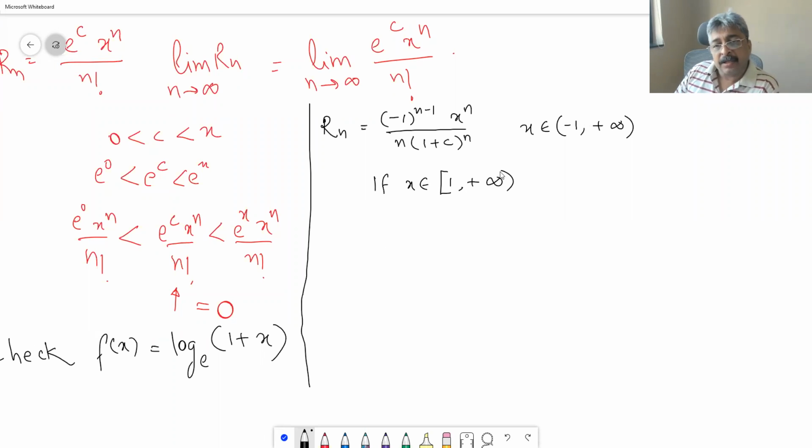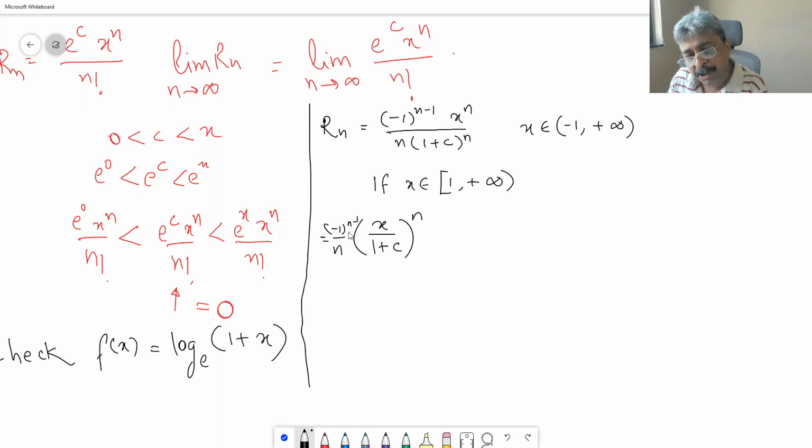If x is greater than 1, now let us keep this minus 1 raised to n minus 1 upon n aside and look at x upon 1 plus c raised to n. Okay, so eventually what you are trying to say, all of you are minus 1 raised to n minus 1 upon n, and as n tends to infinity you would like to see this as 0, but it depends on whether this is 0 or not. So we are keeping this factor aside and considering only this.